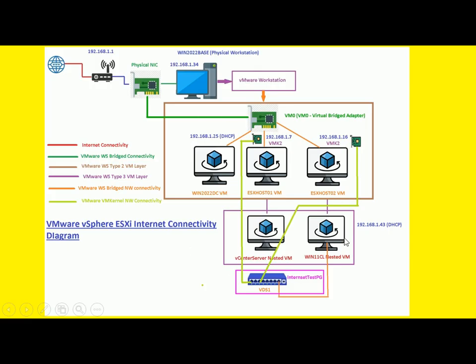But the whole purpose of this diagram is to understand how the internet connectivity is flowing from this point up to this point. All those complicated components are coming in between, but don't worry, we will see practically how to do it, and not through only one procedure or one way, but 4 different ways.